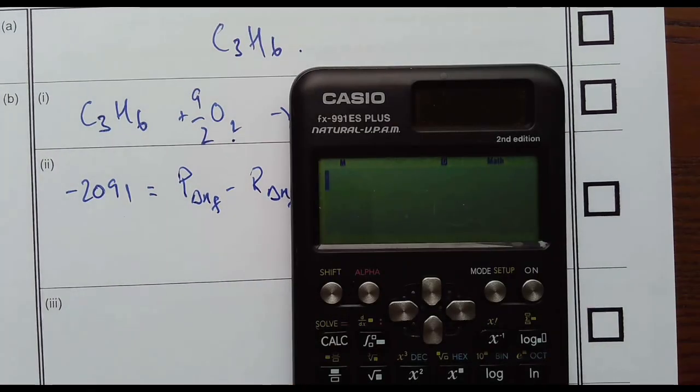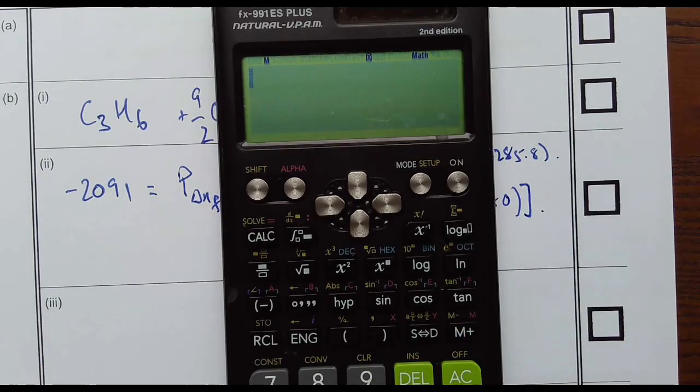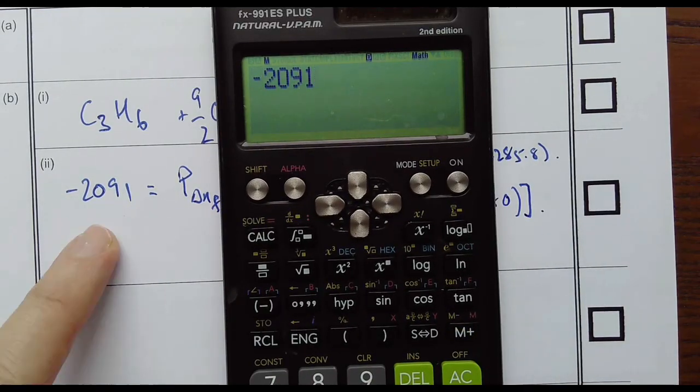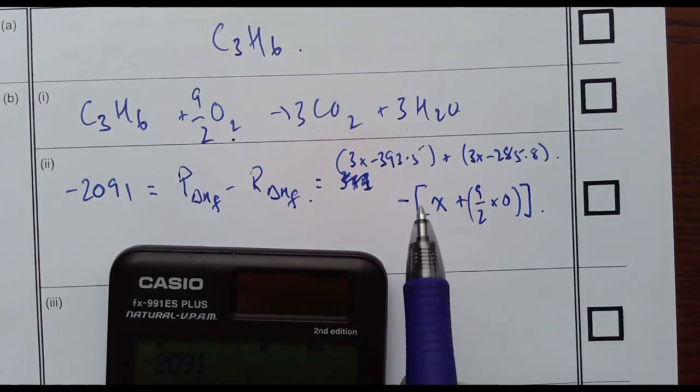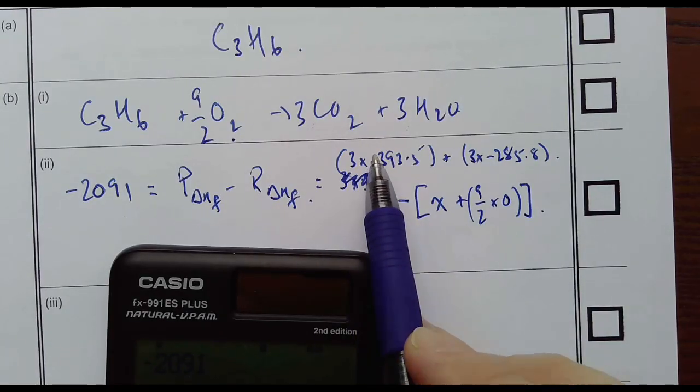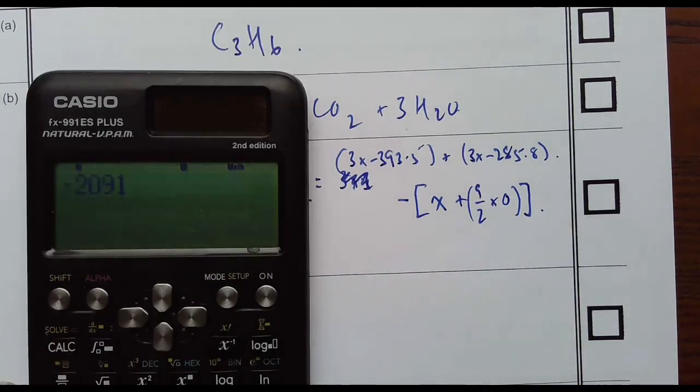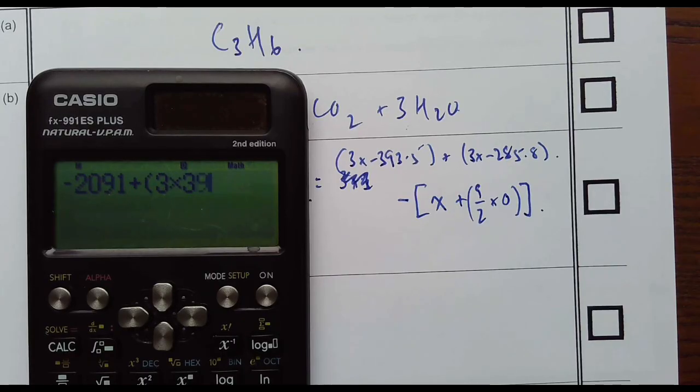So if I do my minus 2091, and then I'm going to bring these over. So this is negative here. I bring it over, I add it on. So it's going to be plus 3 times 393.5 plus 3 times minus 285.8 gives me minus 53.1.